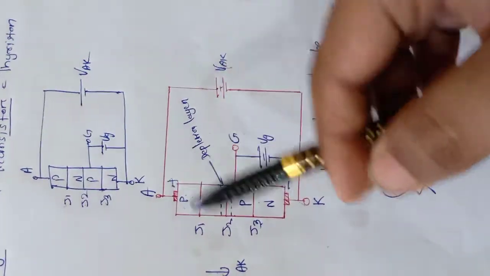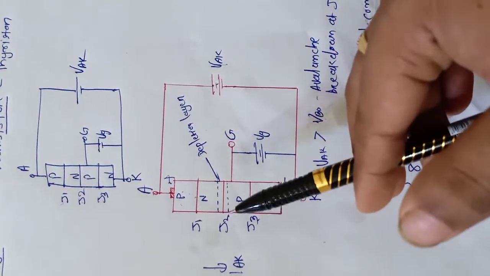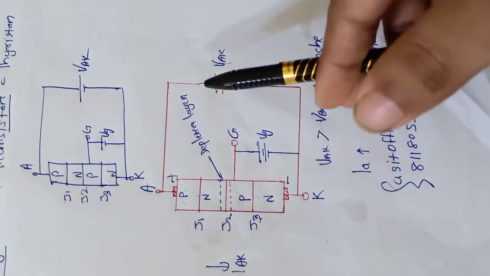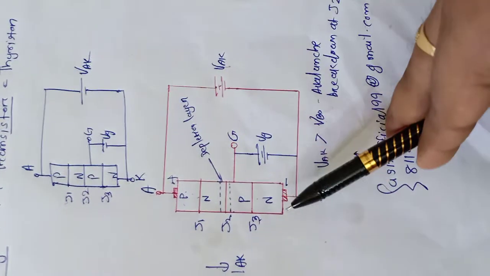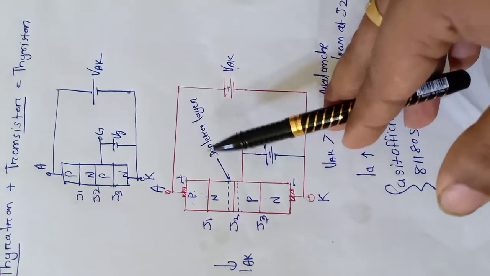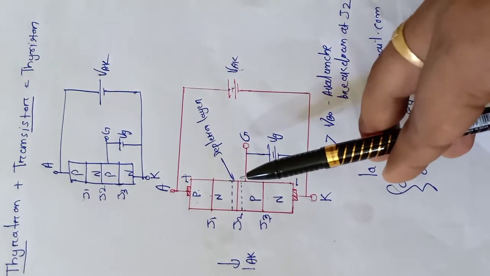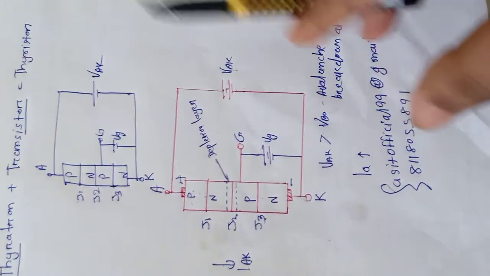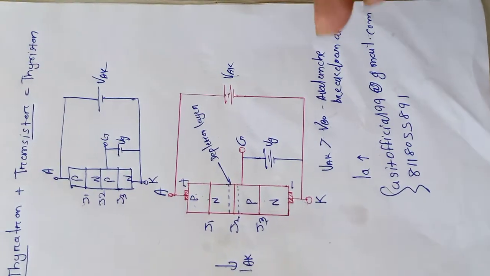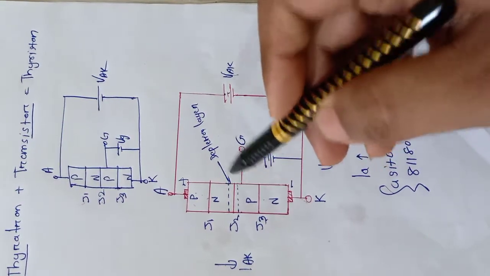So once the SCR turns on, unless we apply a negative voltage across the SCR and the current value is less than the holding current level, this SCR will never turn off. So इसको टर्न ऑफ करने के लिए क्या चाहिए?